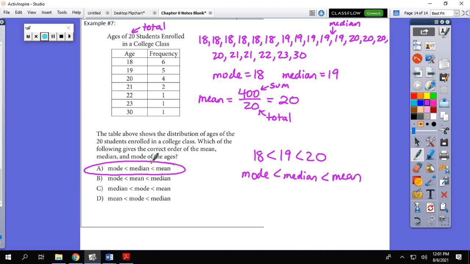Okay, now again, as we're going, we can cancel out some of these. Like for instance, right here, after we figured out what the median was, when we knew 18 and 19, that immediately eliminates that one, because the mode is not greater than the median. Okay? And again, when we look at this and we think to ourselves, gee, the mean probably has to be, because of that 30, because of this outlier, it's probably bigger than the minimum for sure.